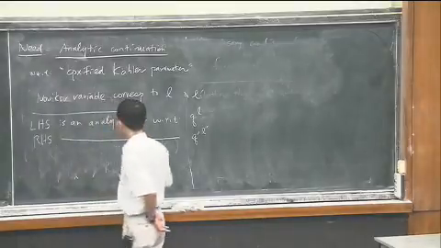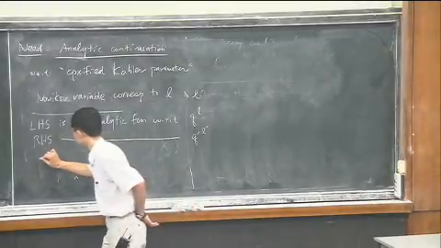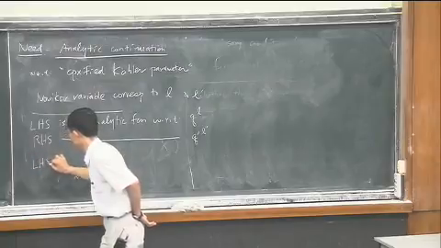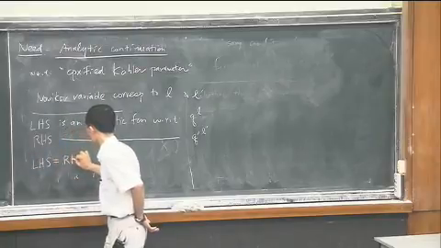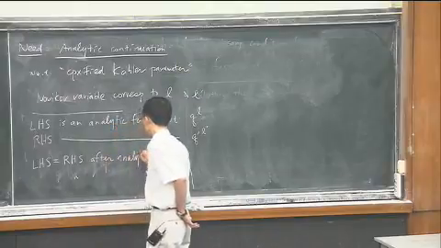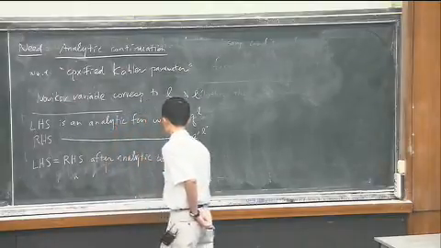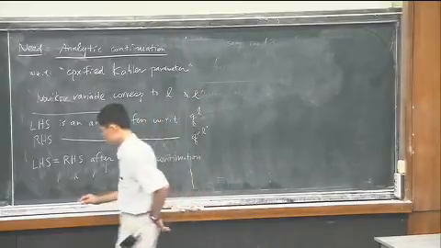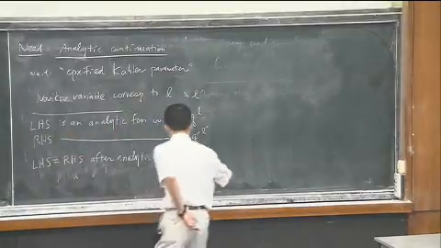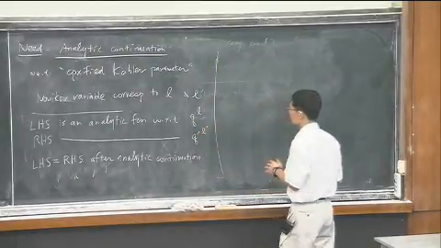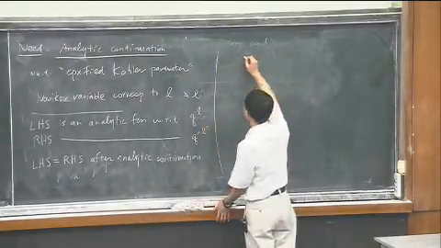They are both analytic functions, and the left-hand side is equal to the right-hand side after analytic continuation. So that's the best you can do. I'm sure many of you have heard this like 1,000 times already, but I'm just going to say this in 1 minute.